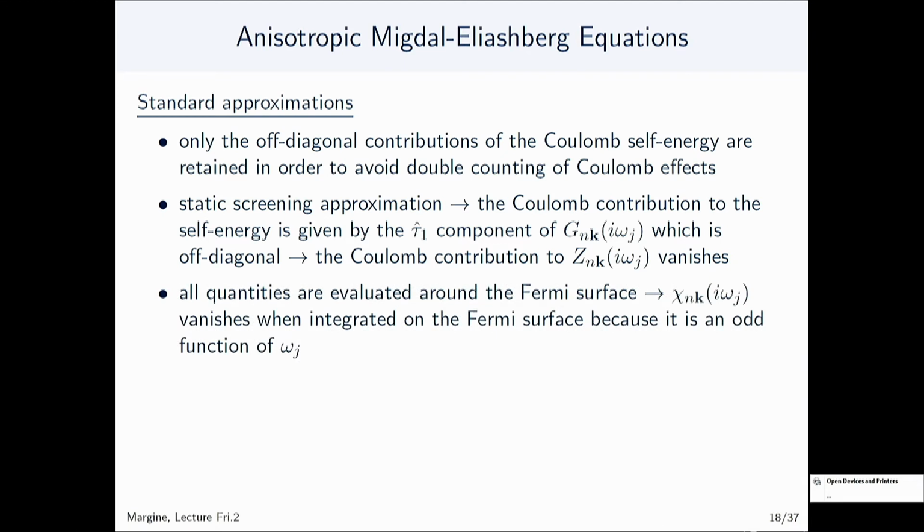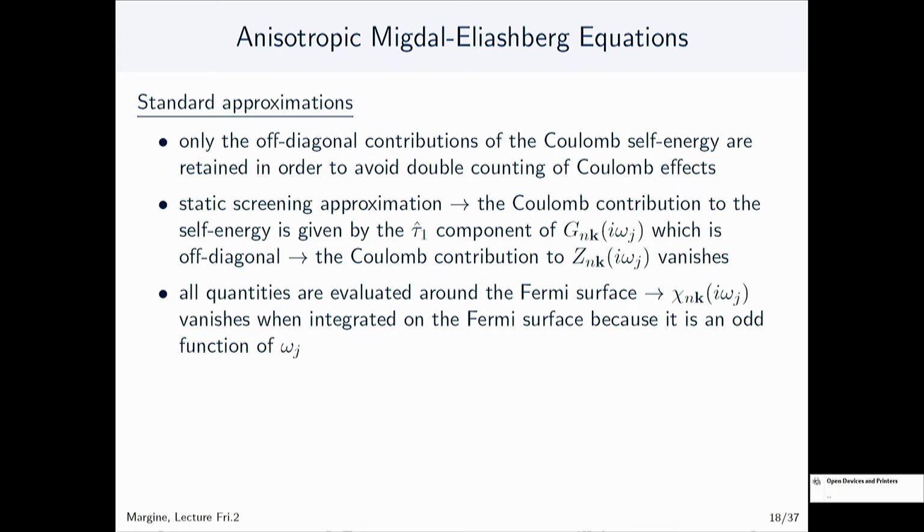Second, if you remember in the first picture when I described the BCS theory, I said that we are only interested in the electrons in the vicinity of the Fermi surface. So in other words, all quantities are going to be evaluated around the Fermi surface.